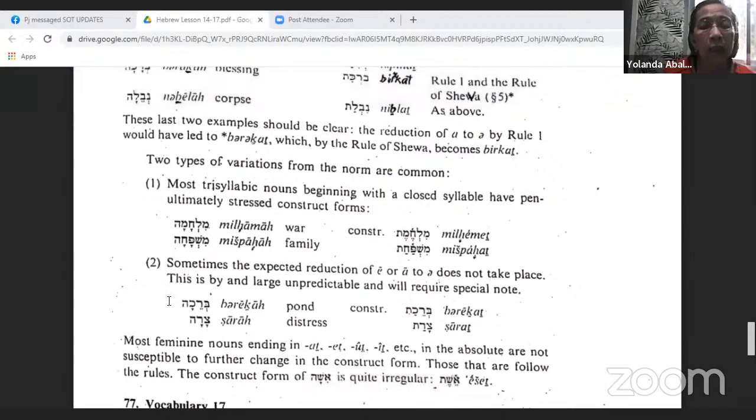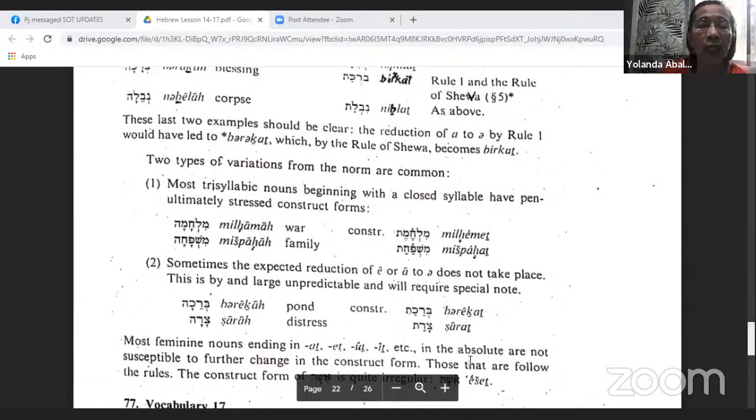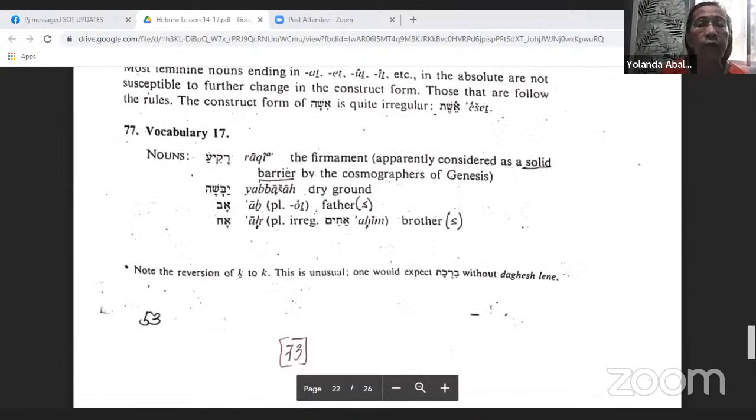Bracha, not only that blessing, but also pond. Yung, ano ba lang, ang tawag ng the pond, yung parang hollow na water. Brekat, the pond of. Tzara, distress, tzarat, the distress of.